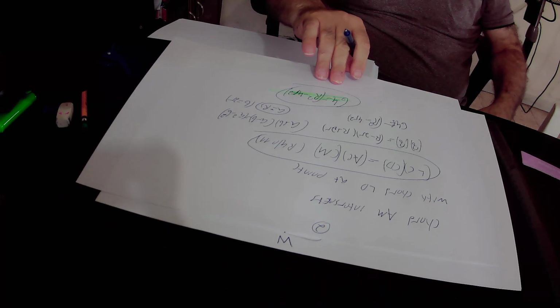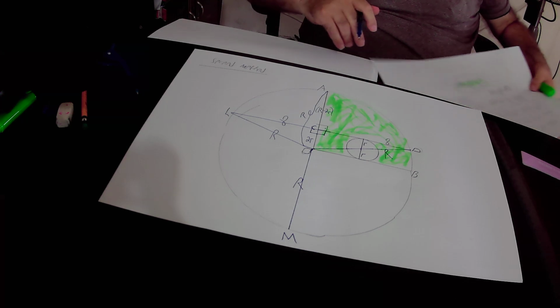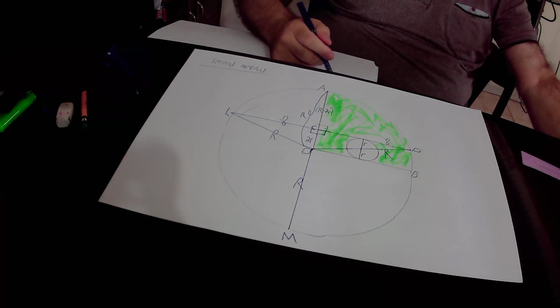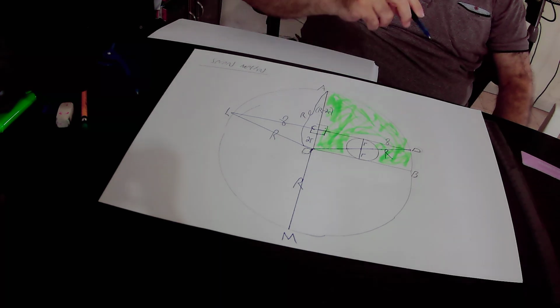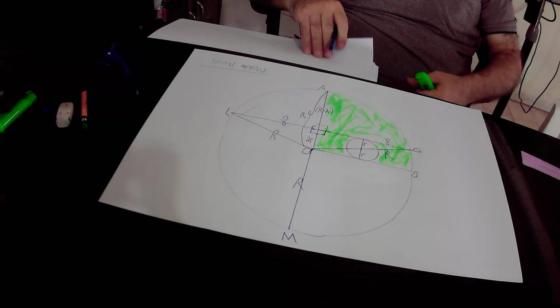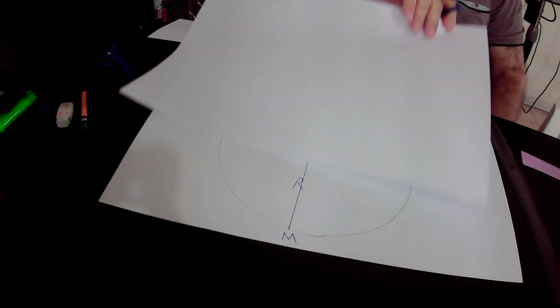And what is the area of the green shape? The area of the green shape equals the area of the quarter circle minus the area of the small circle. Write it down again.